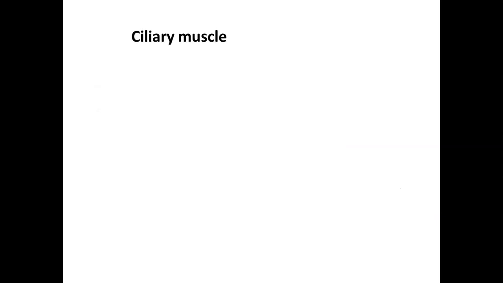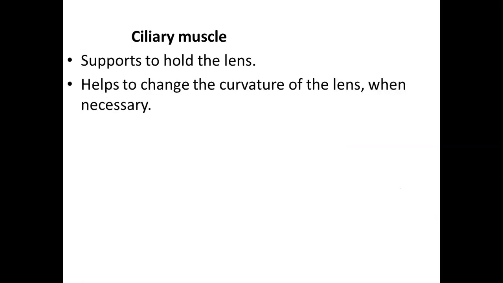Ciliary muscles. They support and hold the lens. Next, they help to change the curvature of the lens when necessary. Now about the size of the pupil. I told you to go home and do this experiment: take a cat and keep it inside a dark room and check, the pupil becomes this small.